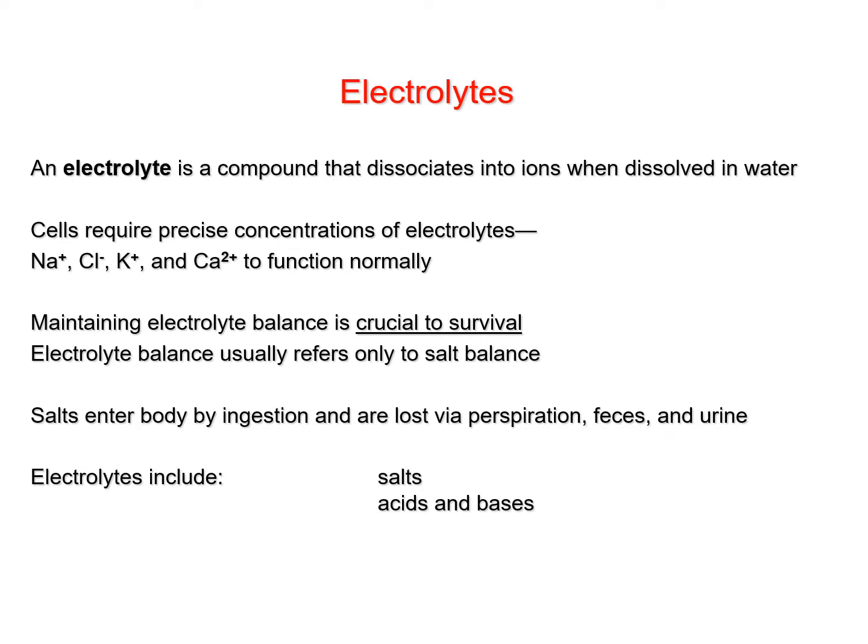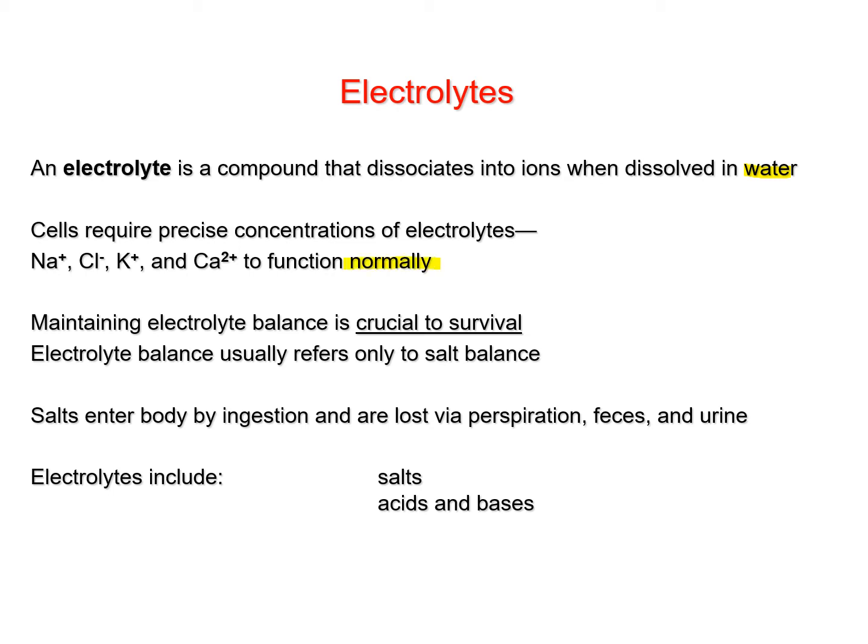Now, in terms of electrolytes, these are compounds that can dissociate into charged ions when dissolved in water. Cells require very precise concentrations of electrolytes internally and externally. So intracellular and extracellular fluid compartments have to have particular concentrations of electrolytes in order to function in a balanced manner, in order for them to function normally.